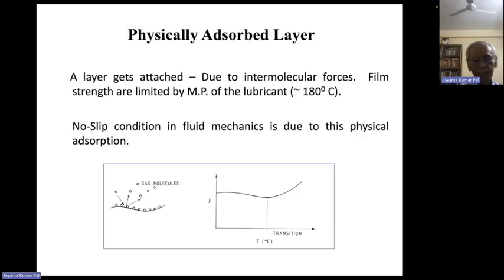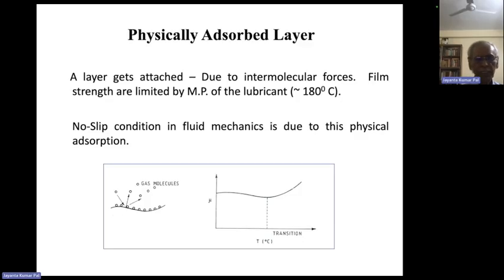But as the rubbing goes on, temperature will rise. And when the temperature increases beyond the transition temperature, in this case 180 degrees or so, coefficient of friction will start rising as shown here. So this is a very brief description of physical adsorption, which is one type of boundary lubrication.